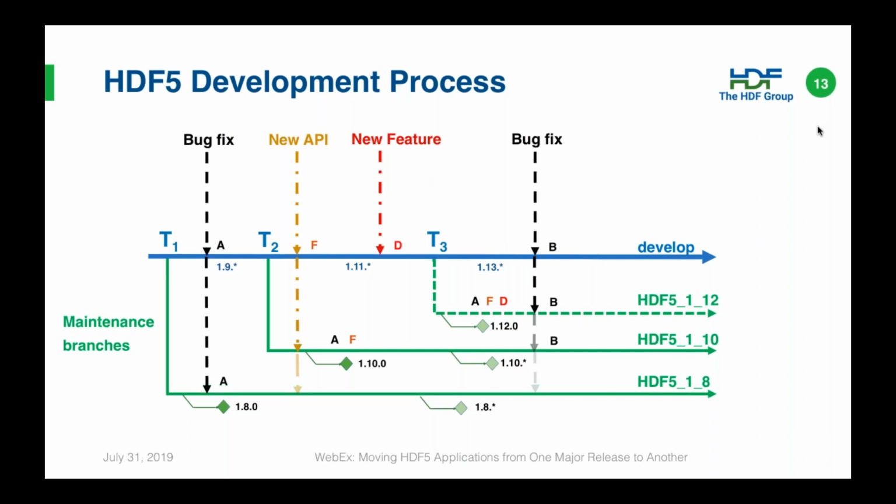So it's a pretty complex development process, but the summary is that everything is first included in the develop branch, and bug fixes too if they exist there, because of course there can be bugs introduced in just the maintenance branches. But this is the general flow of the features, new APIs and bug fixes that are going into our releases.